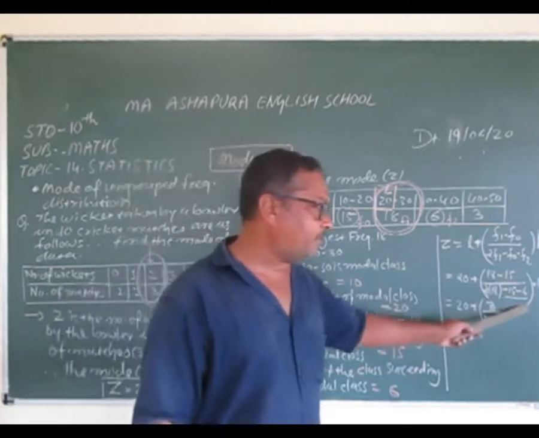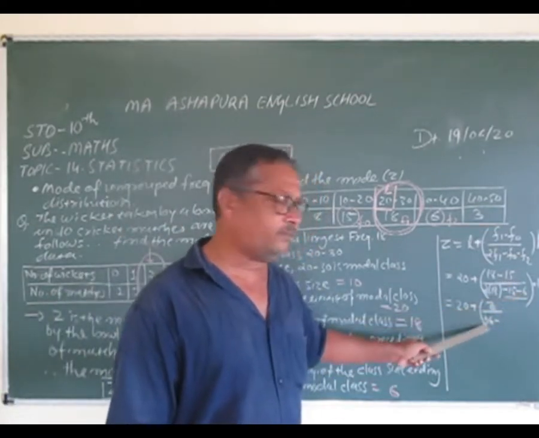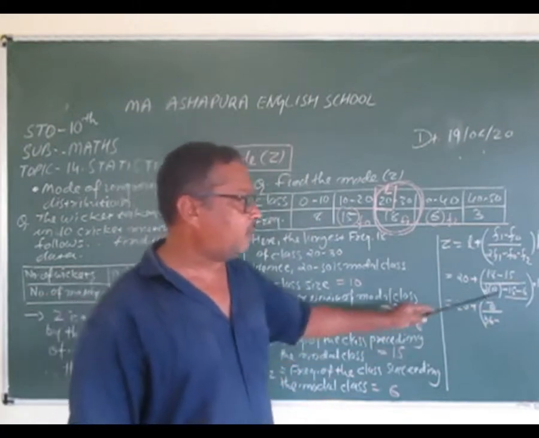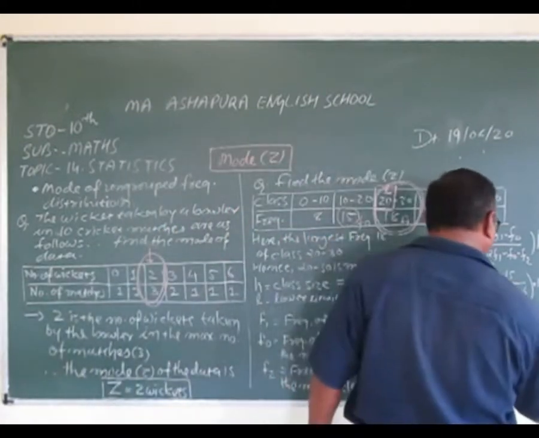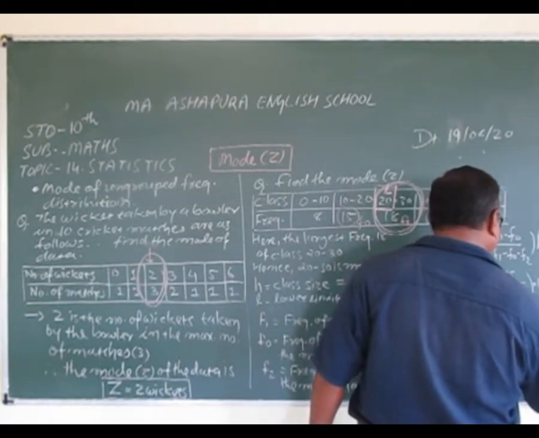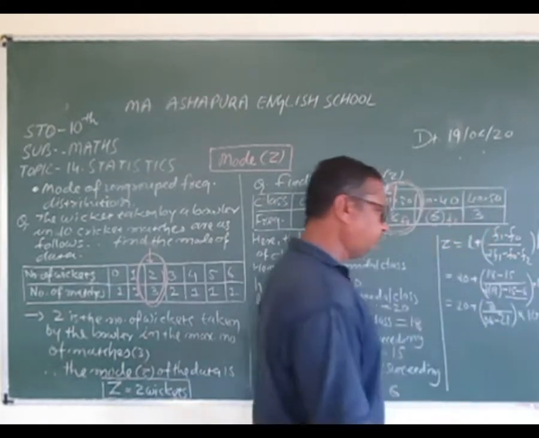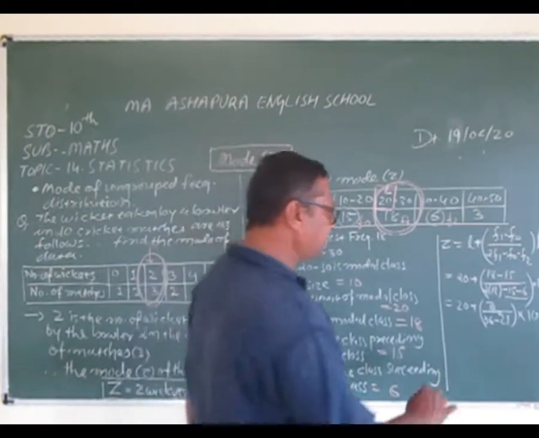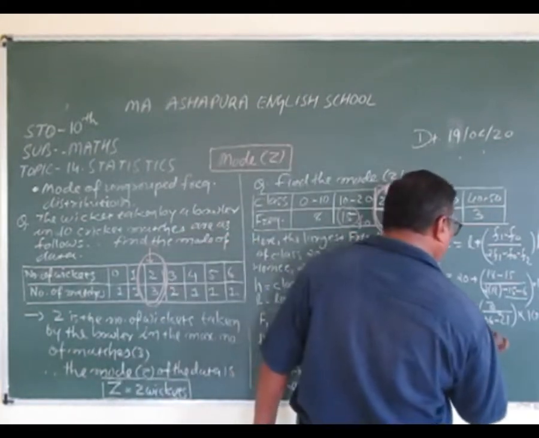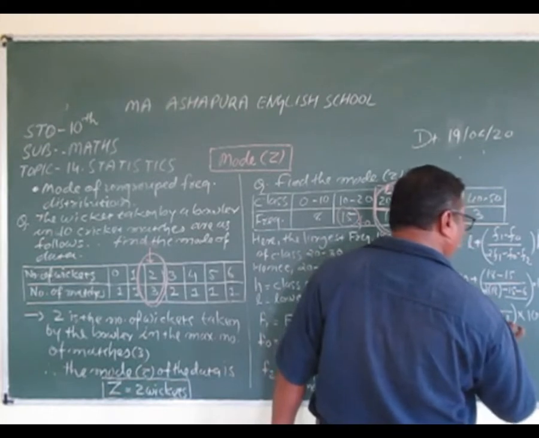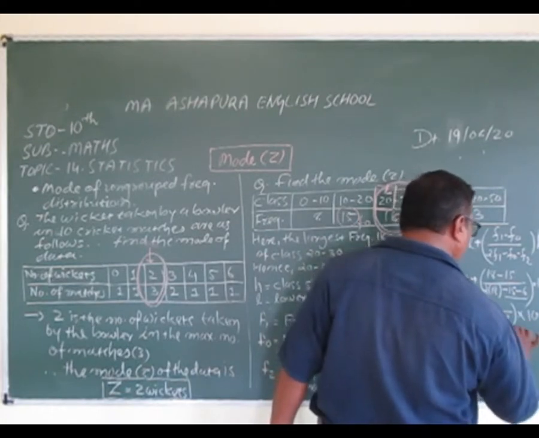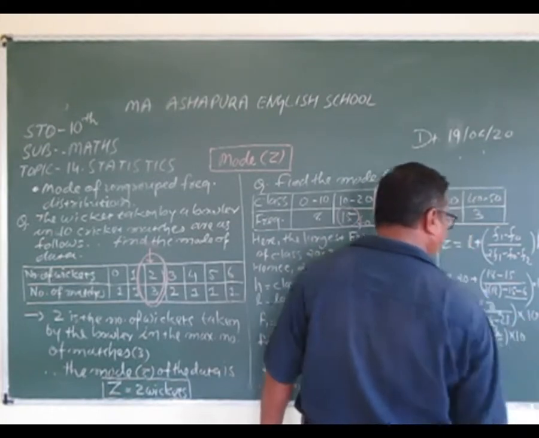So here we combine both the negative integers and subtract from 36. So 15 plus 6 is equal to 21. Multiply by 10, the class size. Next step is 20 plus, into bracket, 3 upon 36 minus 21, which is 15, multiplied by 10.